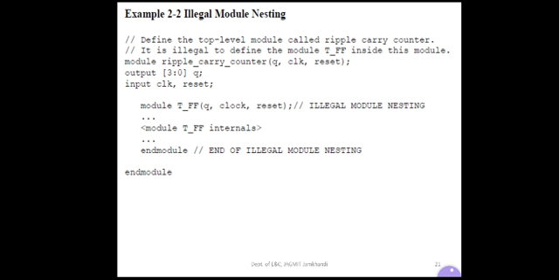So once you define any module, it consists of an end module, and only then can another module be initiated. So the module T flip-flop is totally illegal within the module ripple carry counter. So this part, module T flip-flop up to end module, should start after the first end module if you want to execute this kind of example.